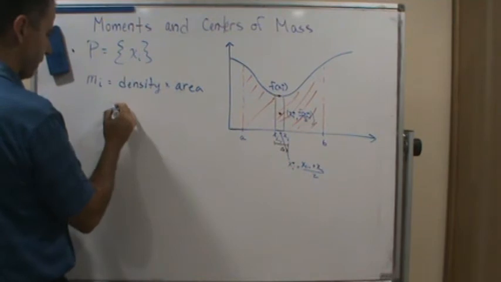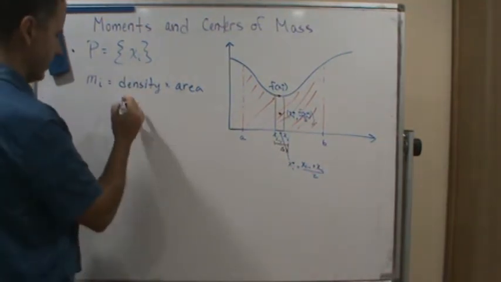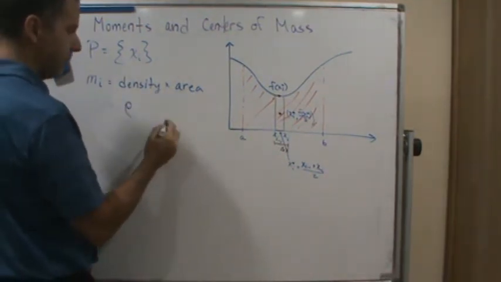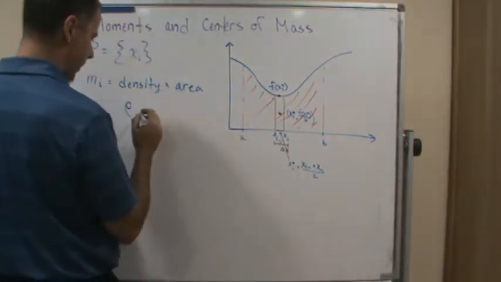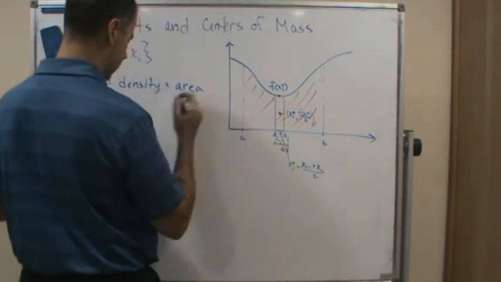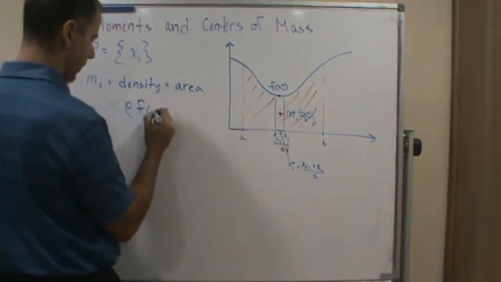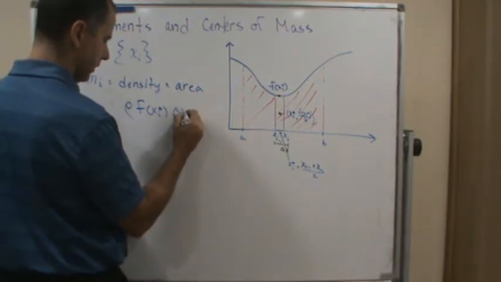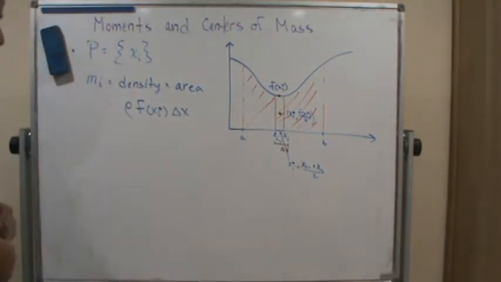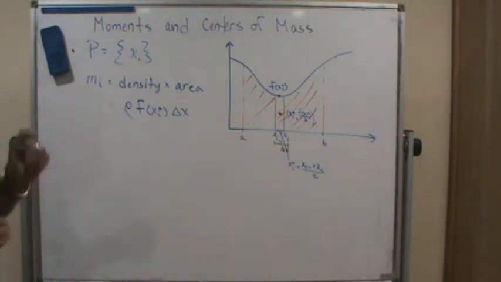So now what is this going to represent? Well, the density is rho, and the area is going to be the base times height. So the base times height is f of x sub I star times delta x. Okay, so there's the mass of one of the rectangles.